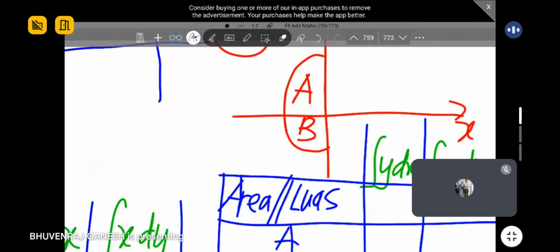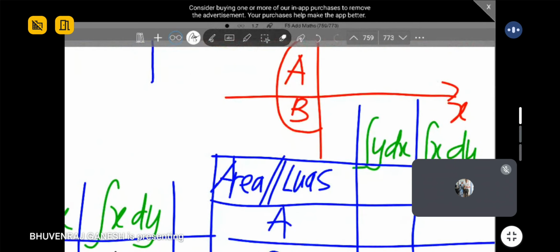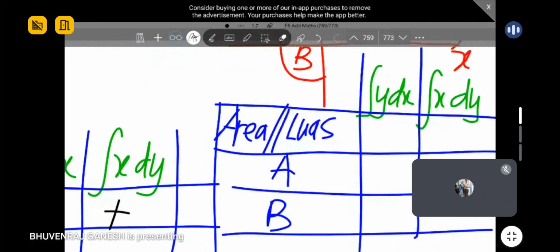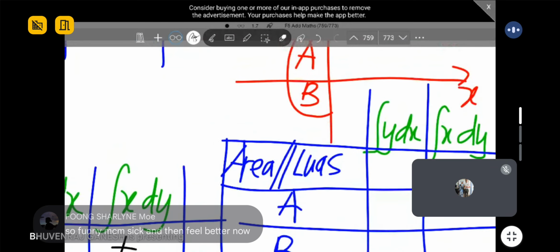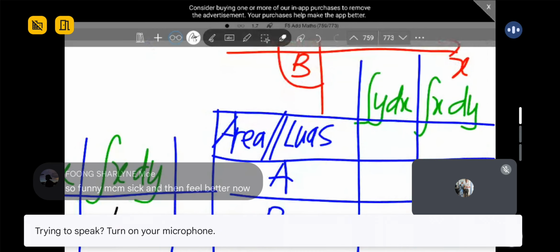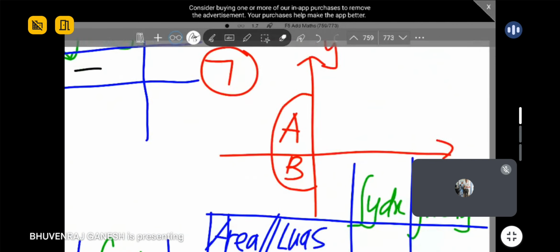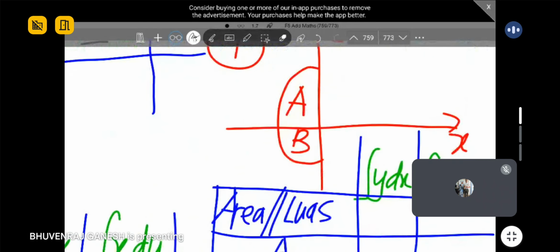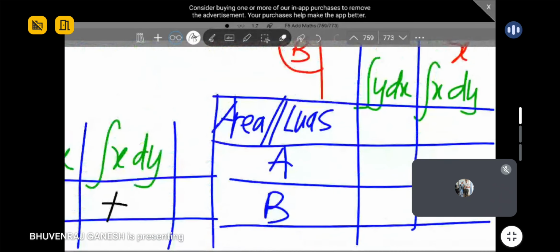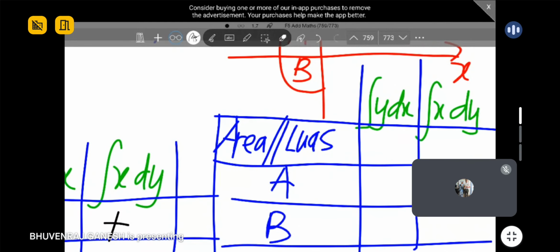Rather than memorize, right? Which one is positive area, which one is negative area. You just use this concept, confirm correct, 101%. All right. So funny macam sick and then feel better now. Don't feel sick. I know admits make you guys feel sick. Am I right? Admits like that lah, but just try your best to cope with it.